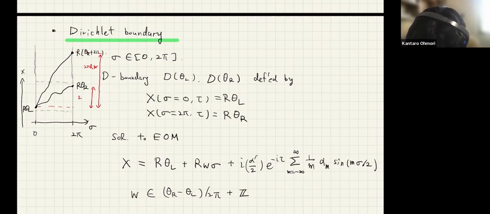So W still has the freedom of integers, but W itself is not an integer when theta L and theta R are not equal.